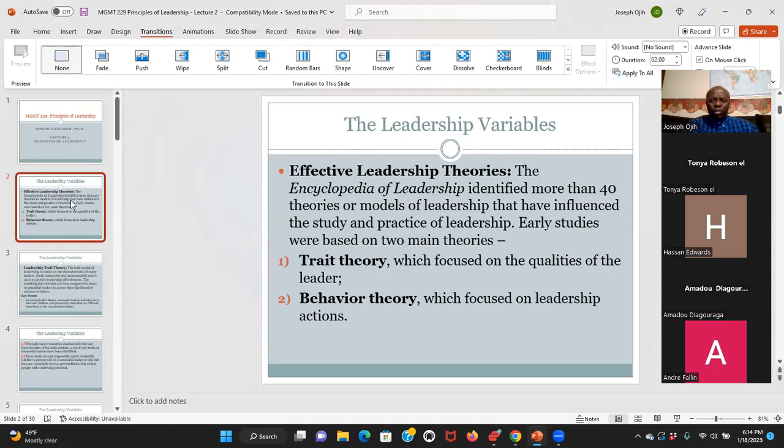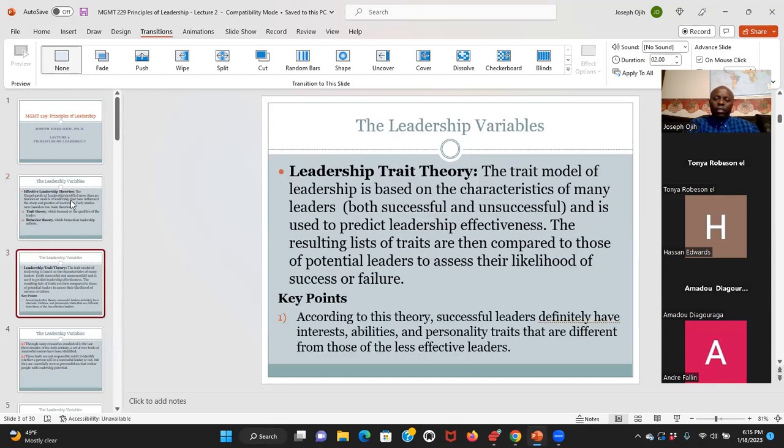And these early studies were based on 2 main theories. The first one is the trait theory. The second one is the behavior theory. The trait theory is mainly concerned with the qualities of the leader, but the behavior theory is mainly focused on leadership action. Let's look at the trait theory first.